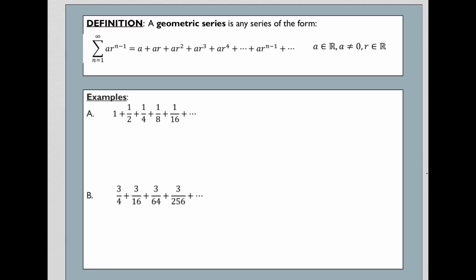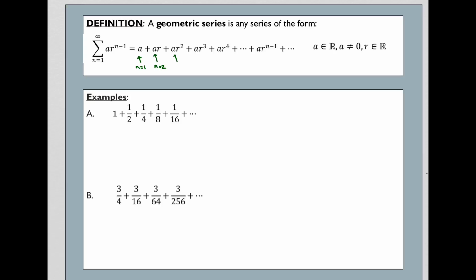Notice in the definition, the first term, when n is 1, is what we call the value a. And in the second term, there's a pattern that develops. The second term is when you take a and multiply it by some number r.